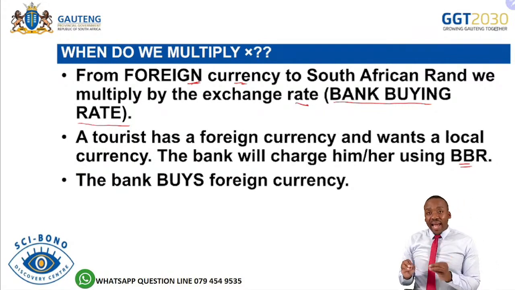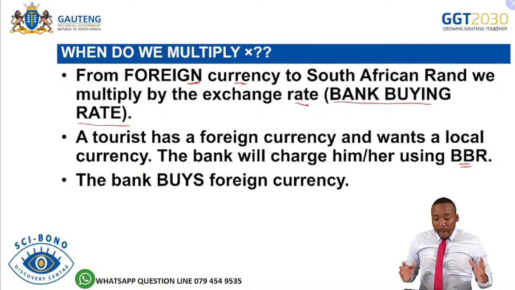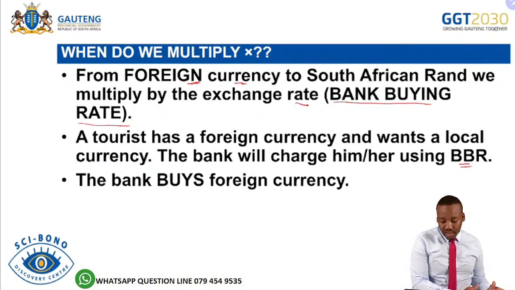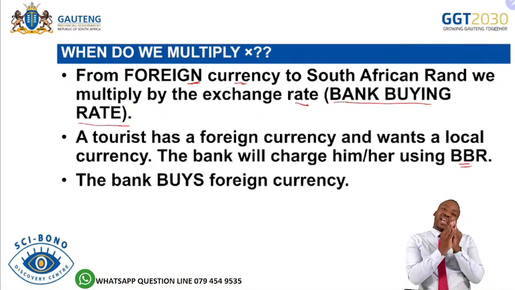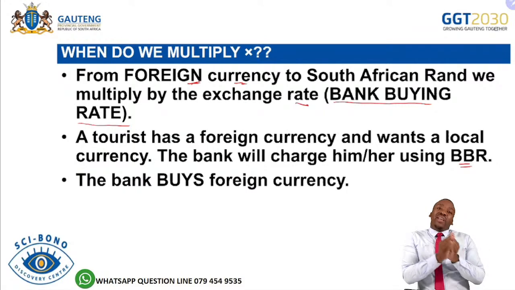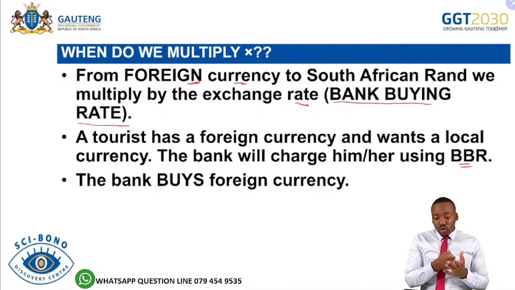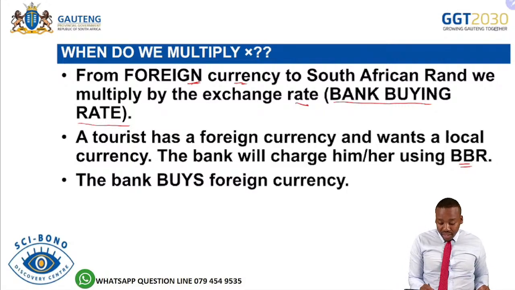So when they get to the foreign exchange bank or a forex bank, they will be charged using what? Bank buying rate, because they have their dollars, their pounds, their pula, and so on. And the bank will be multiplying.